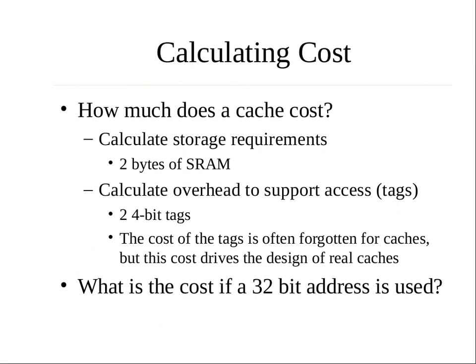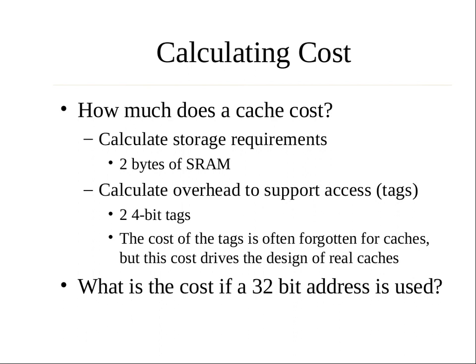Well, let me look at this real quick. You get 2 bytes of SRAM and 2 4-bit tags. A 4-bit group is a nibble, and 2 nibbles equal a byte, so 8 bits is 1 byte. So the tags would be 24 bits in total, 3 bytes.